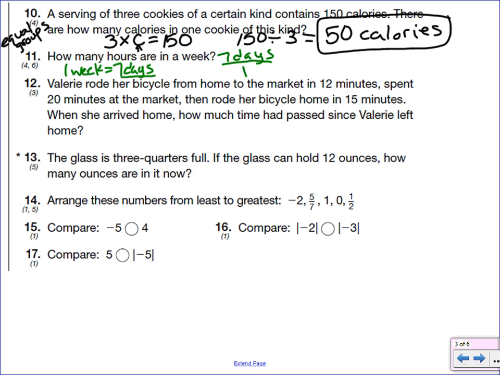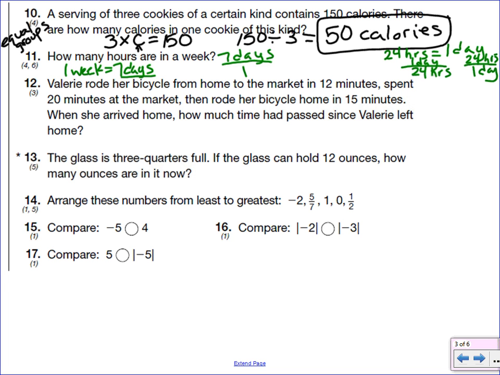And the other thing we have is that there are 24 hours in 1 day. So we can have 2 fractions with that: 1 day over 24 hours, or 24 hours over 1 day.